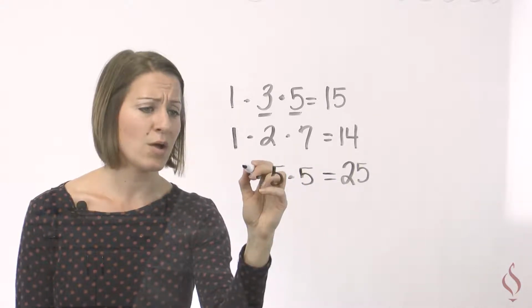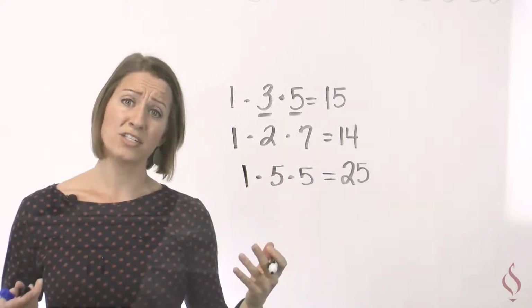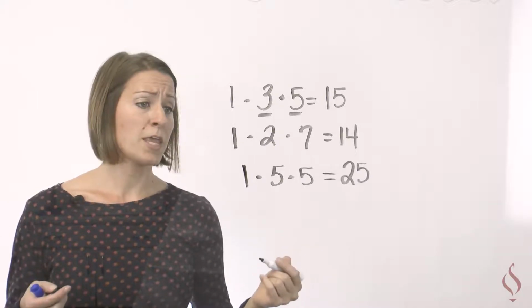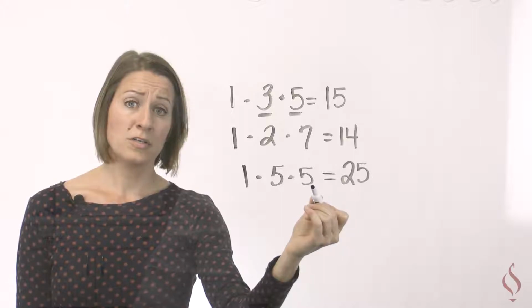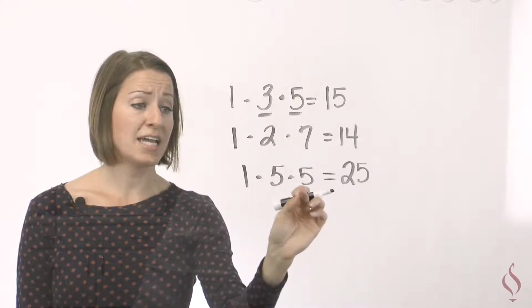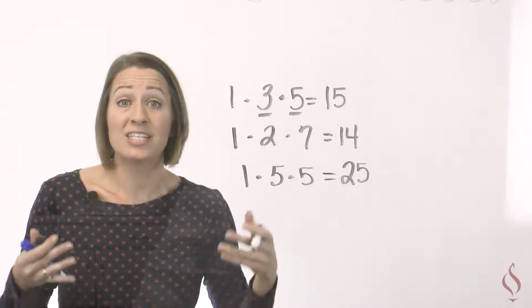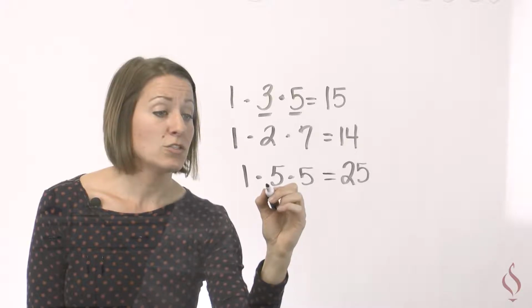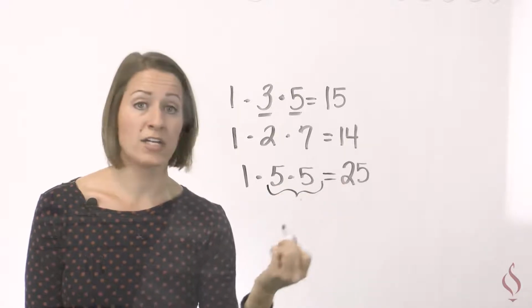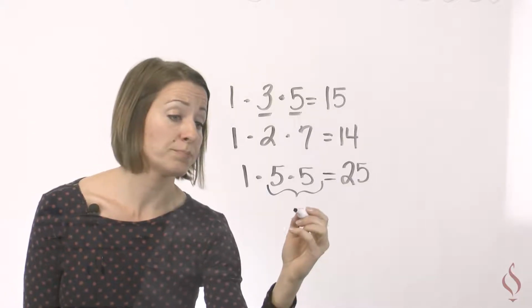I'm going to just throw in that 1 because I really want you to understand that 1 is a factor of every number. So look here, there are 2 5s, and instead of listing out 2 5s, or we could have even a bigger number that has 3 5s, or so on, we're going to take just these factors and write it in exponential form.